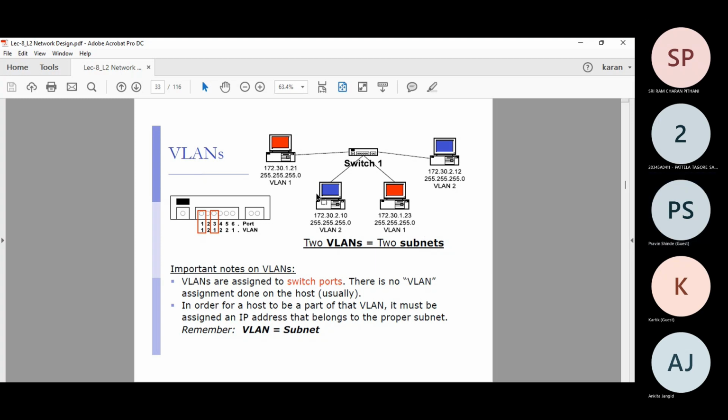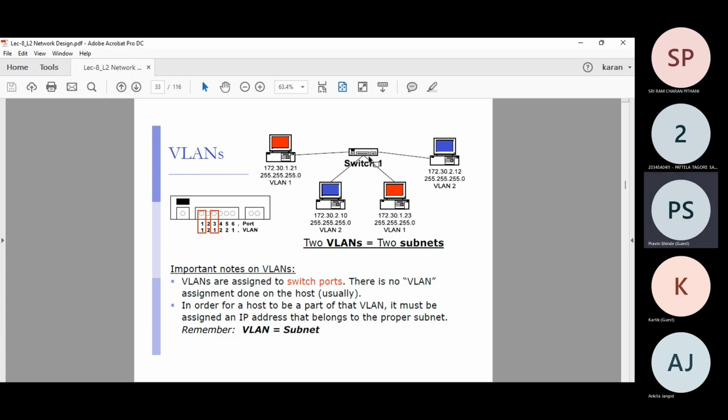See, VLAN 1 subnet is different. 172.30.1.21, okay, and here is a .22 IP and here is 172.30.1.23. Okay, so this is 255.255.255.0, a /24 mask.